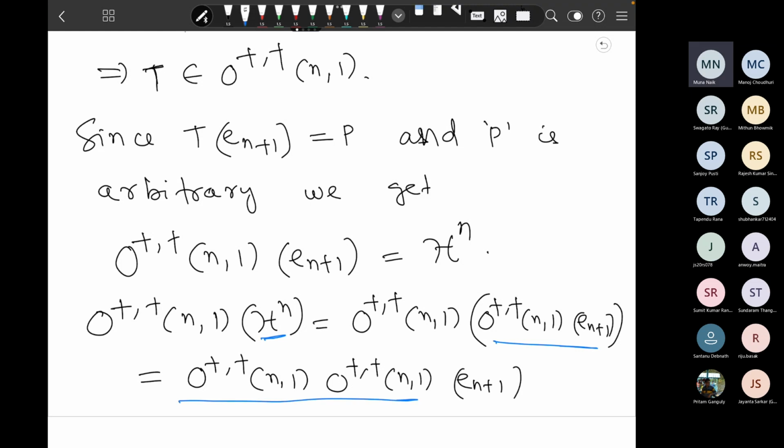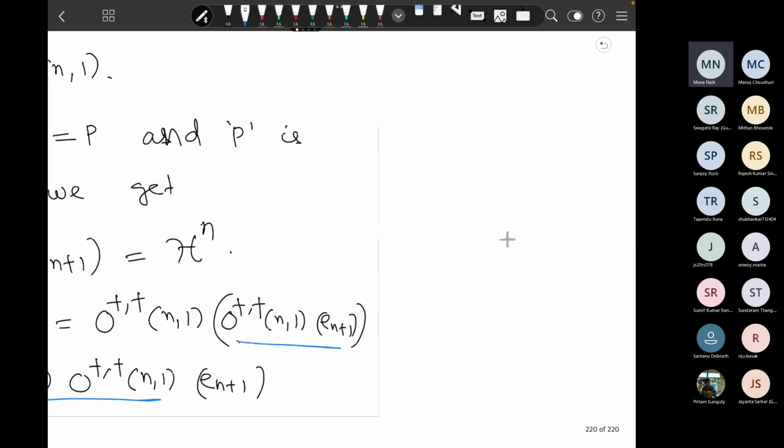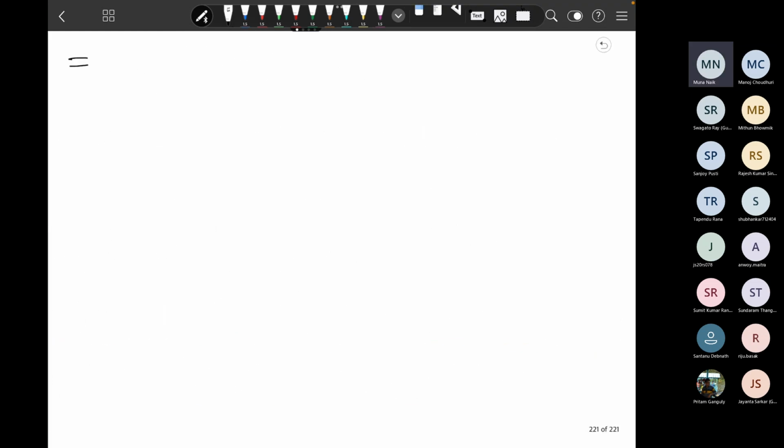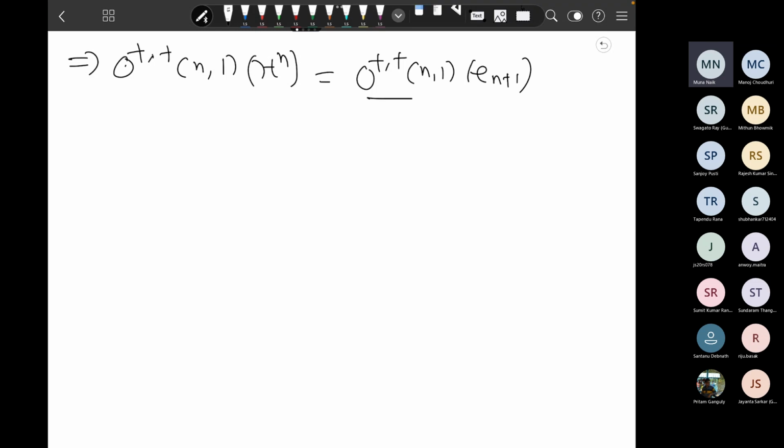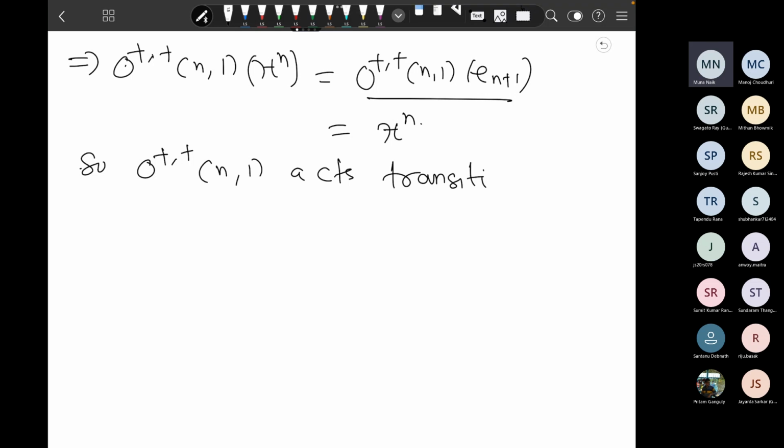So this implies O++(n,1) Hn is equal to O++(n,1) of en+1, and this is really your Hn. So O++(n,1) Hn is equal to Hn. So O++(n,1) acts transitively, and this action is also smooth, transitively on Hn.